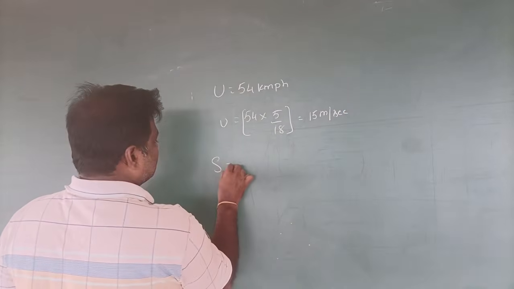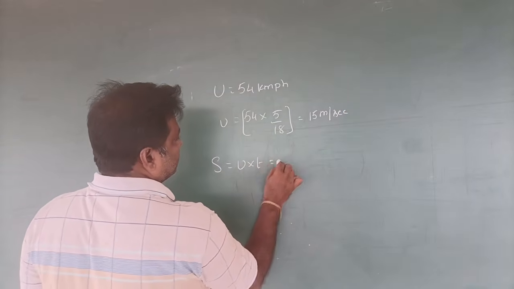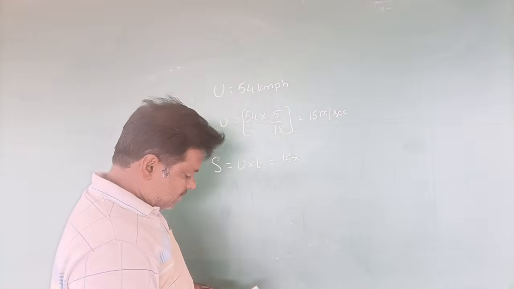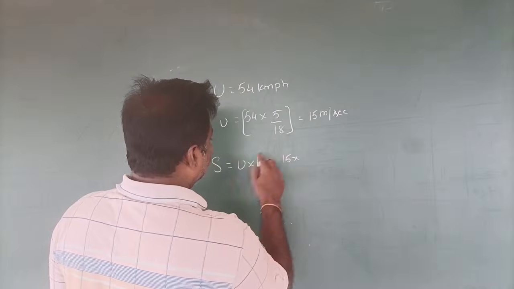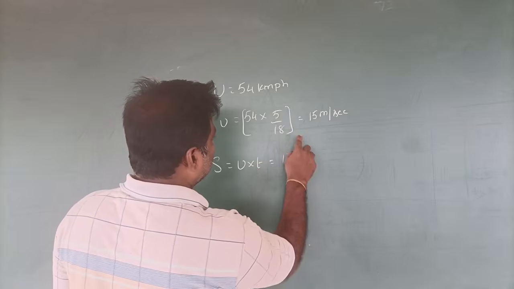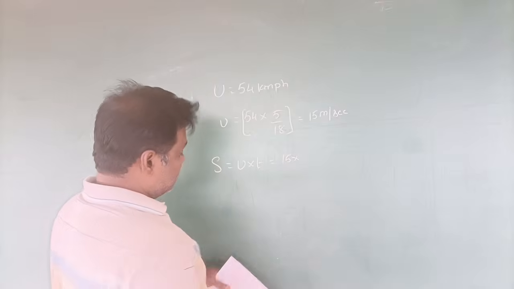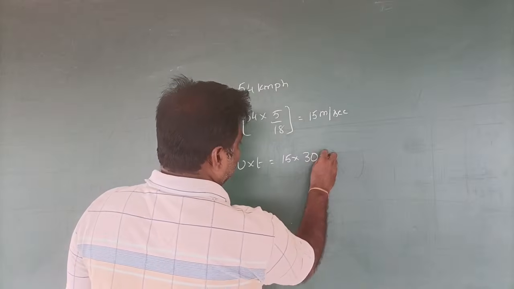And what is the distance that it covers? Velocity into time. So 15 into time. How much is it? 30 minutes, 30 into 60.